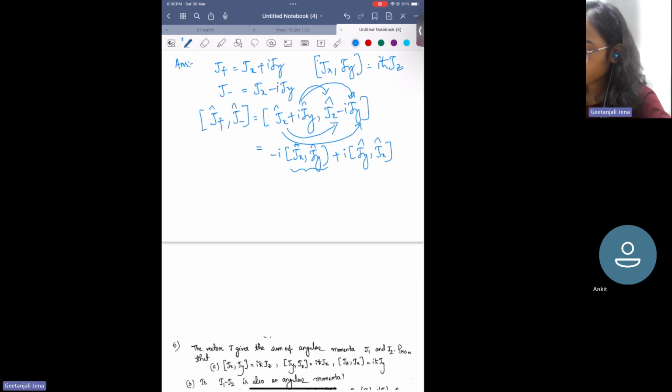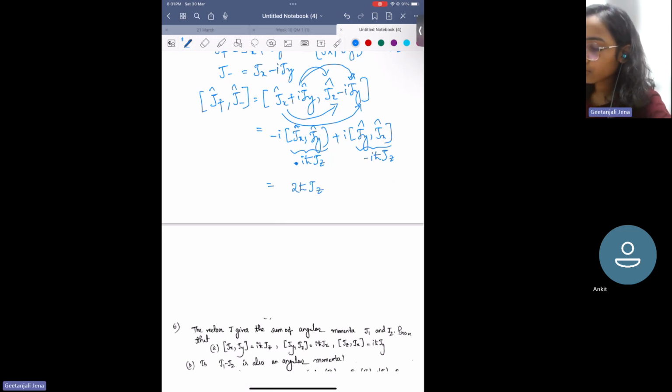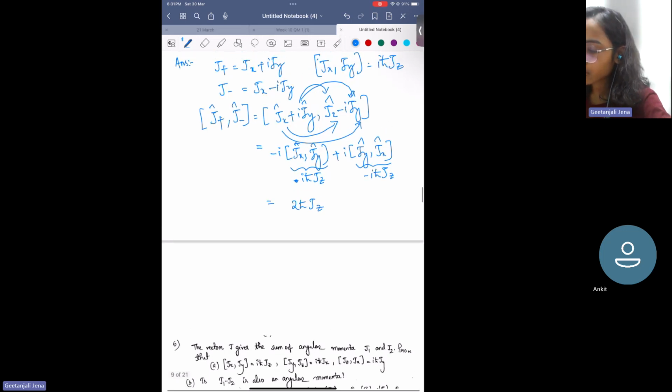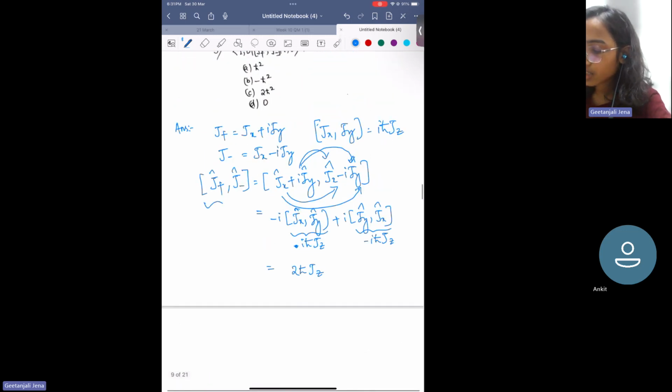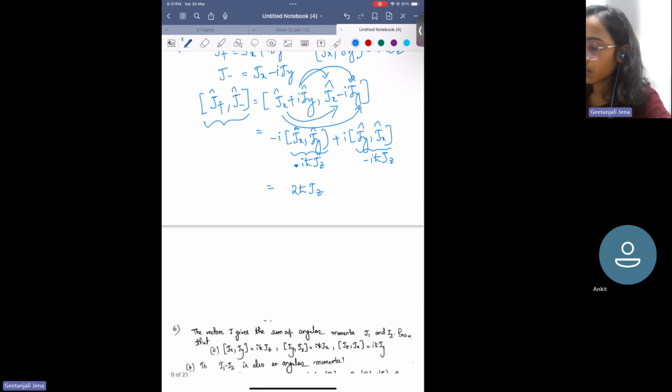This one you already know, it is plus iħ Jz, and this will be minus iħ Jz. So that means this is 2ħ Jz. So this is how you can immediately calculate the commutation relation for J plus and J minus, or any other expression, if you already know the basic commutation relation.